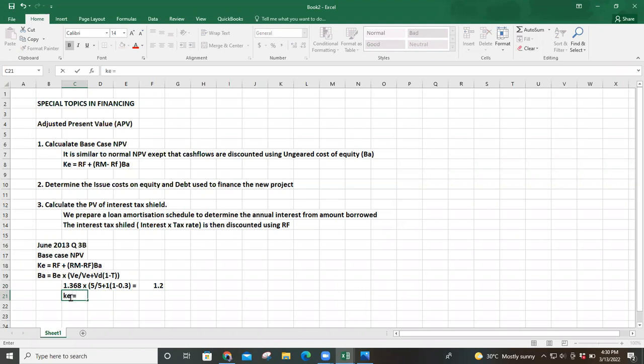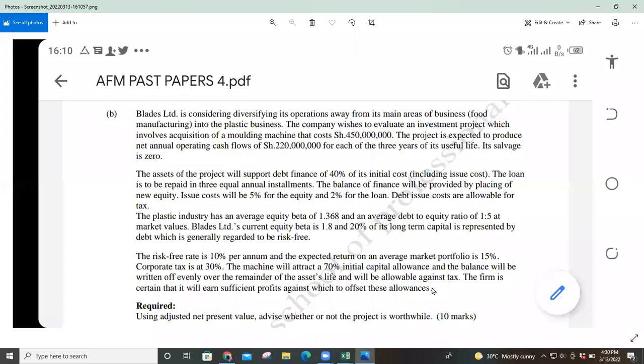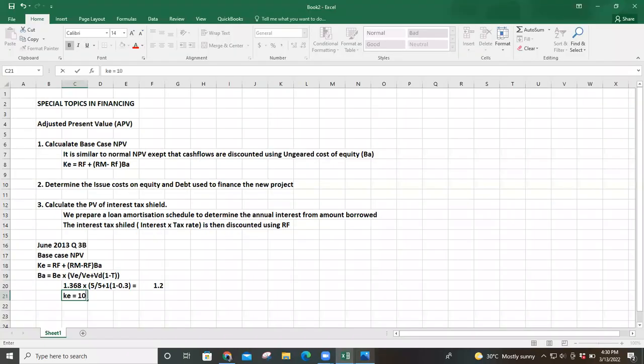becomes the risk-free rate of return, we are told, is 10%, and the return on the market is 15%. So we are having 10 plus 15 minus 10.